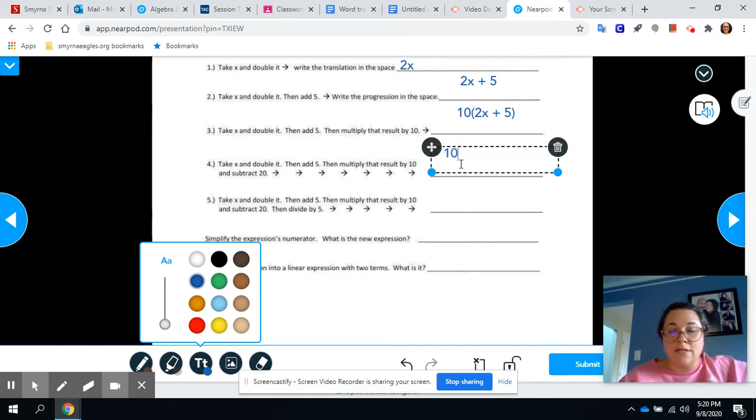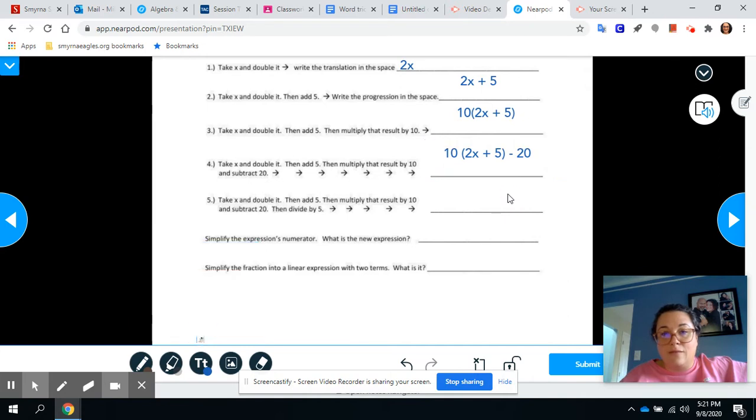We're going to take our 10, multiplied by our 2X plus 5. So take X and double it, add 5, multiply by 10, and now we're going to subtract 20. So we're going to have a minus, let me backspace that, a minus 20 in that spot. And that's what that progression should look like.